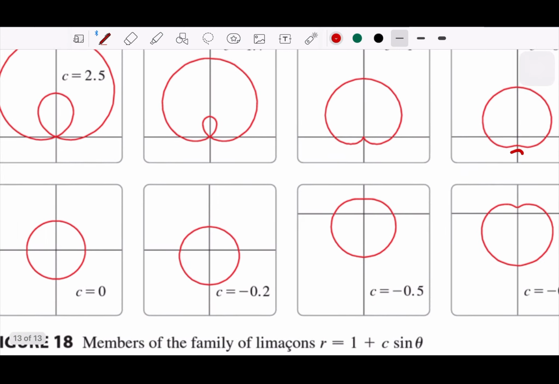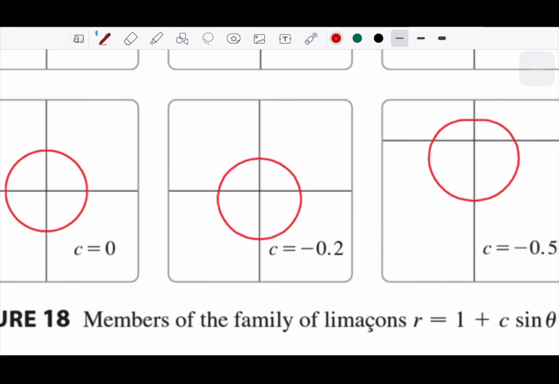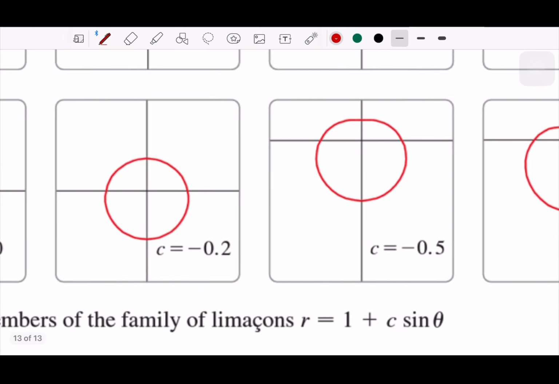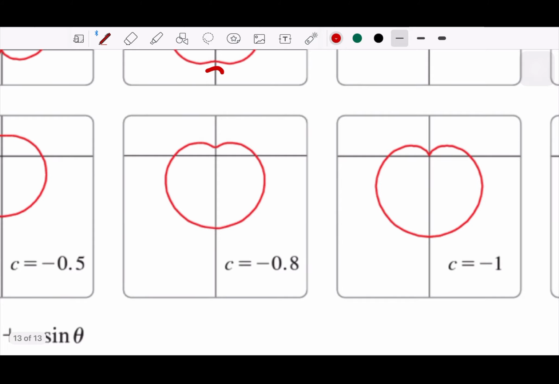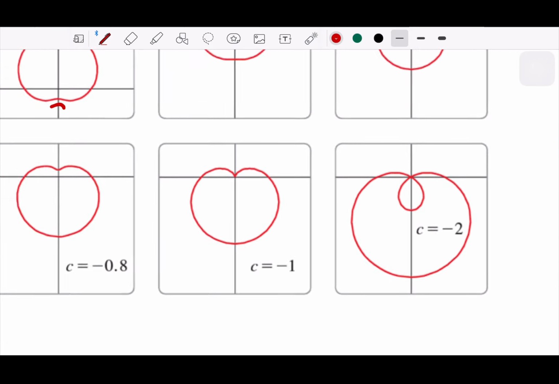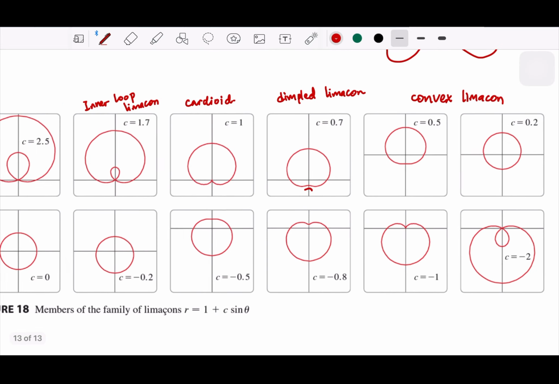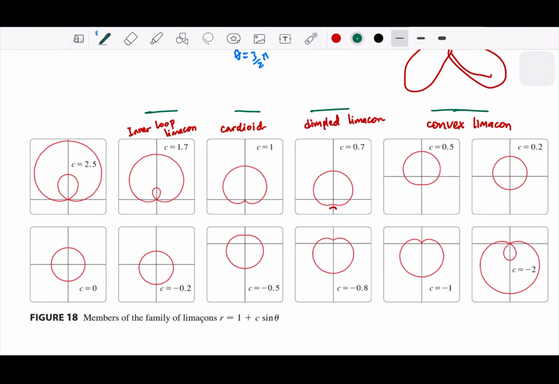Similarly, when we reduce the constant and it becomes negative, it's getting down, and it becomes dimpled, then a cardioid but on different sides, and then an inner loop. So at least you have 4 types of limaçon.